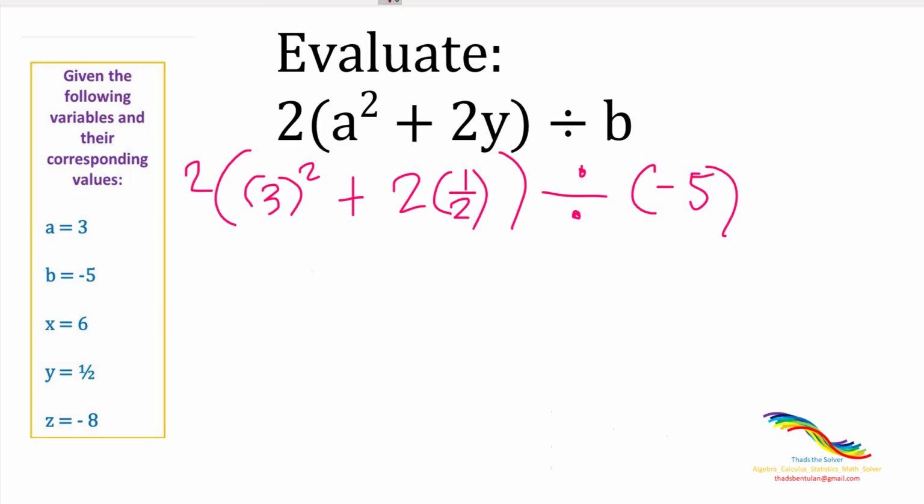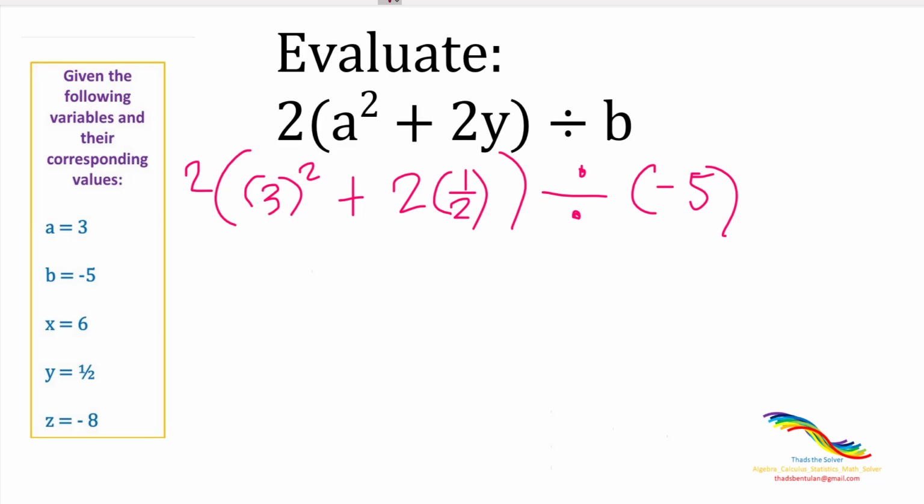So the original expression is 2 times quantity a squared plus 2y, all divided by b, and we have substituted the values of a, y, and b.